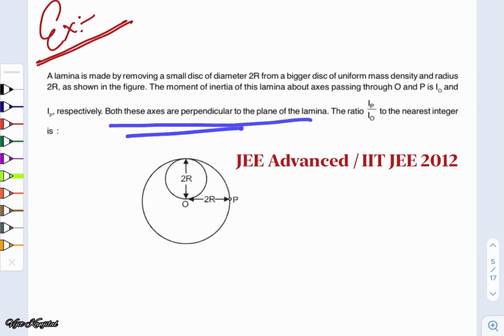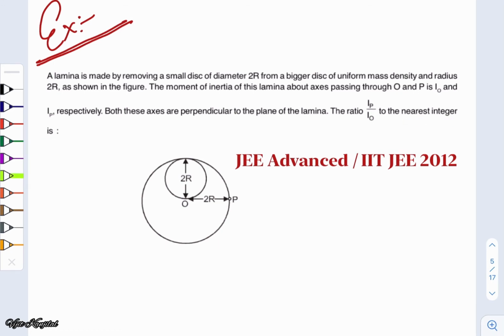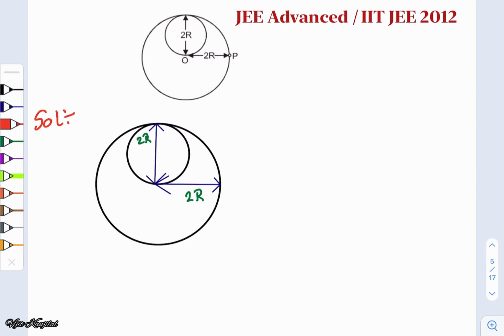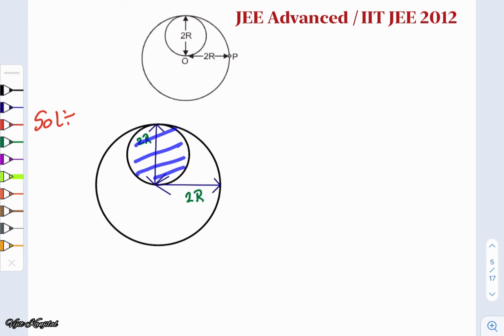It is already given. So we need to calculate the value of the ratio of IP and IO up to the nearest integer. So it was an integer type question. So let us try to solve this question. So we have this particular scenario where this particular region is empty.